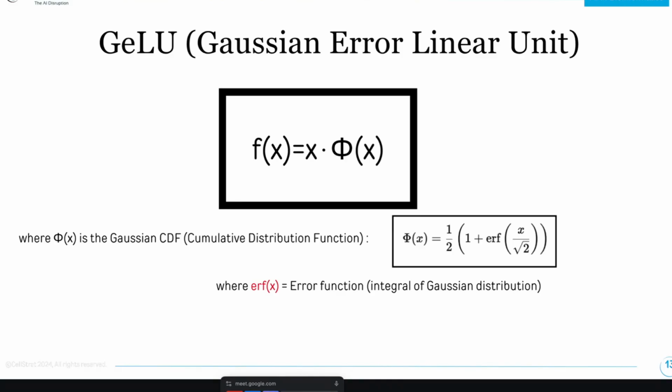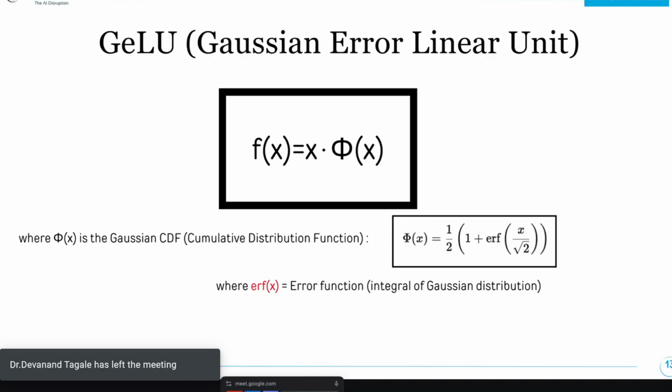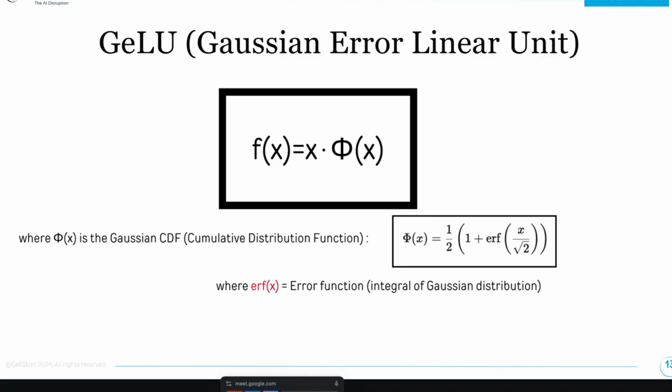Phi of x is usually a normal distribution curve, but when you introduce an error function like x by root 2, it will smoothly get the input. So when the loss function is calculated, we will have a number of troughs and lows, right? And what this activation function does is that it smoothens that curve, normalizes it, and makes it more smooth.